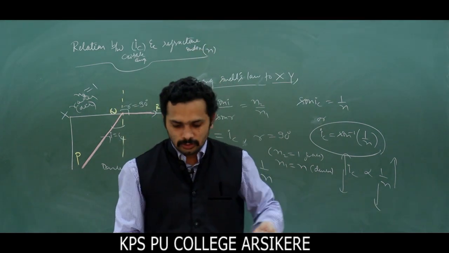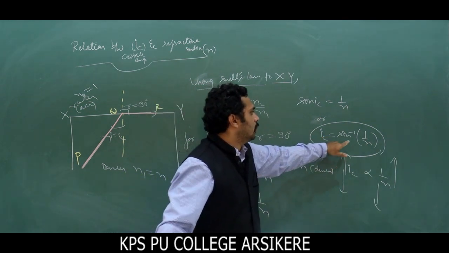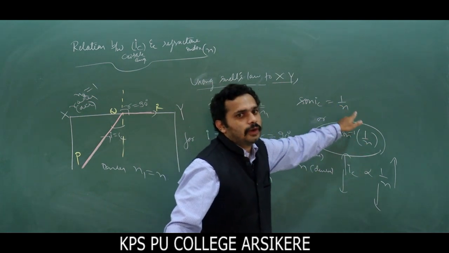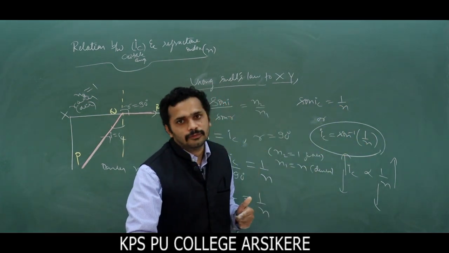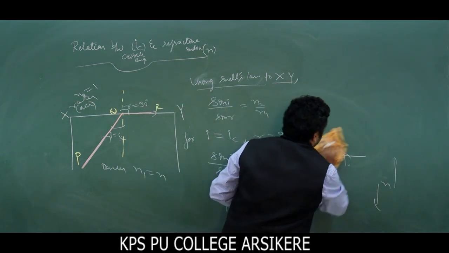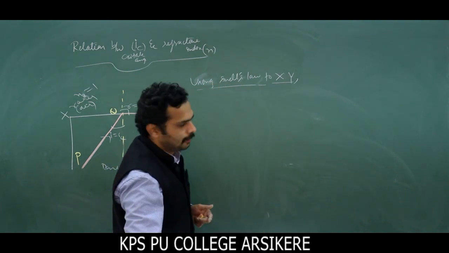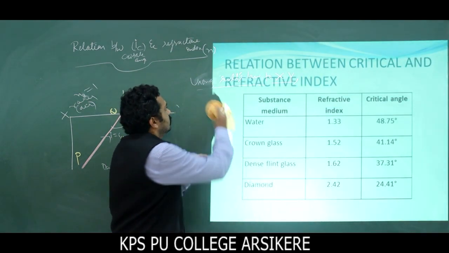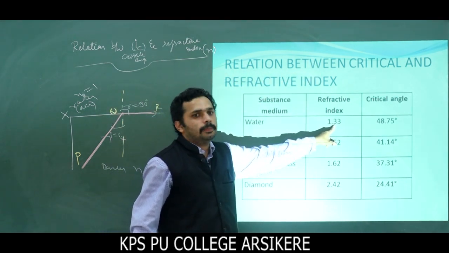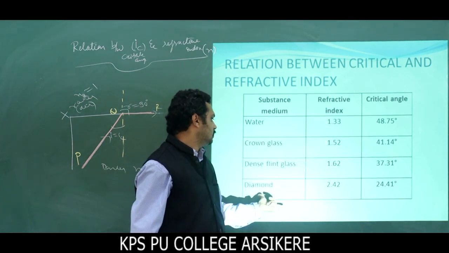You got it? Now what are the values of the refractive index of water, diamond and glass, and what is their relation to the critical angle? Look at here. Substance: water, refractive index 1.33. The refractive index is less for water compared to glass and diamond.